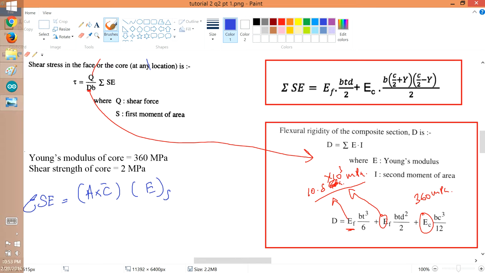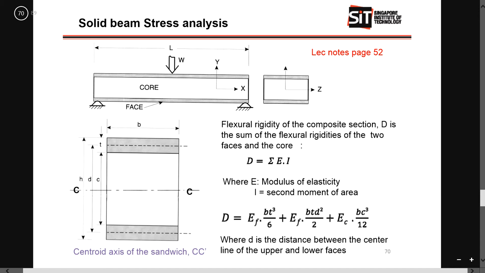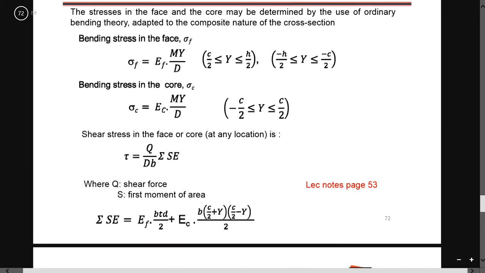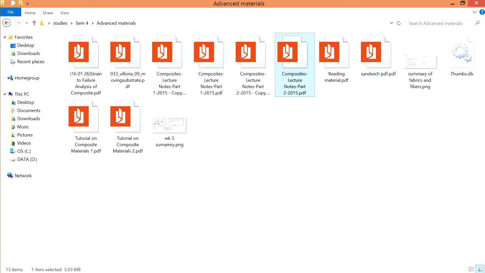If you head back, this is the equation, S equals A times C. This is for your solid beam. However, for the sandwich beam it is different. For the sandwich beam, your S and the E are calculated together, which is shown in this equation over here. So I'll recommend you use this equation.